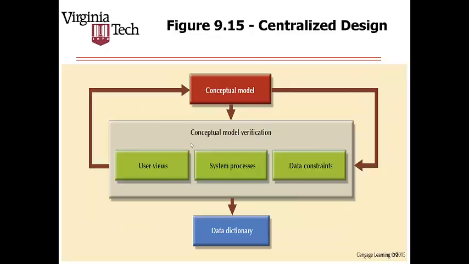Well, there are two general types of overview design. One is the centralized design, where you make a model of the whole problem, and then if there are any particular user views, you break those out.